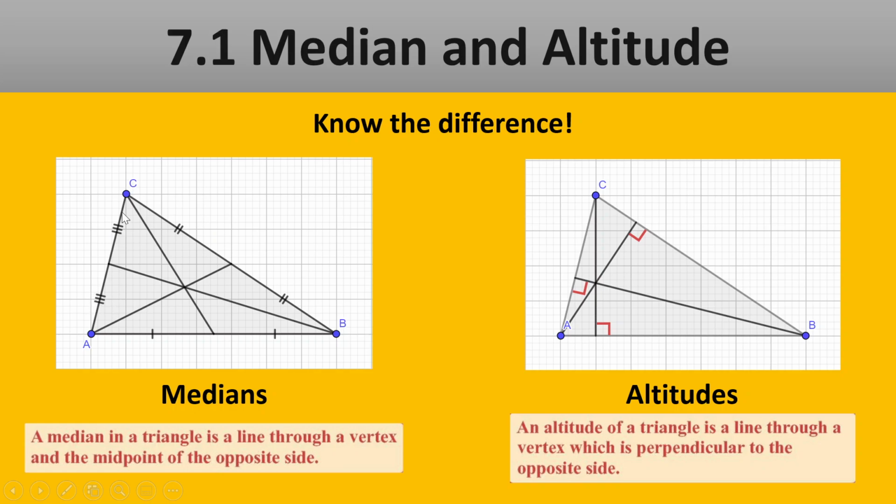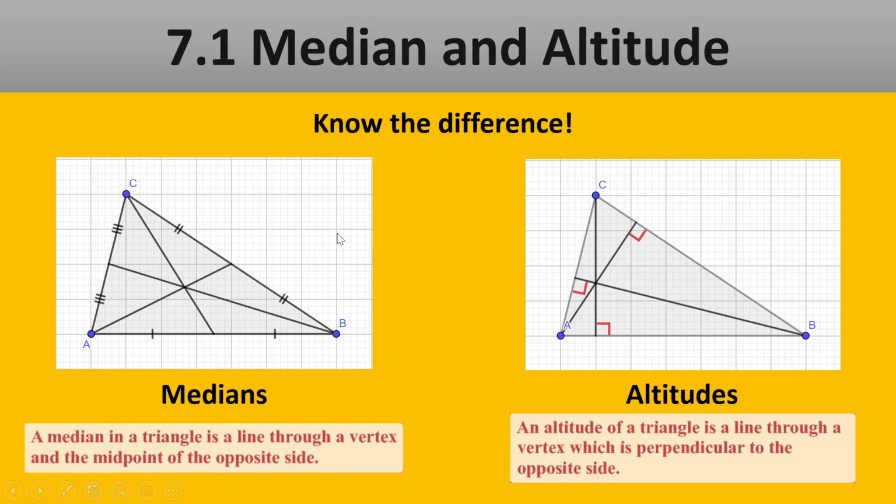That's why we use the symbols here to notate that. But they don't have to be perpendicular. This is not perpendicular. This is not perpendicular, right? In altitude, the lines have to be perpendicular, but now they almost never divide the opposing side in 2 equal pieces, right? This from B to this is clearly not the same length as from here to here. Okay, know the difference. That's important.